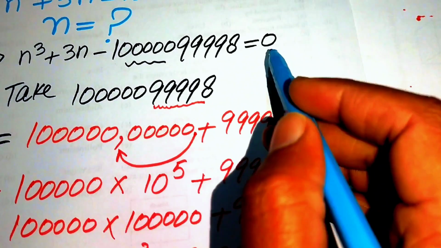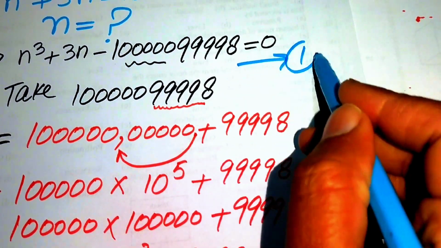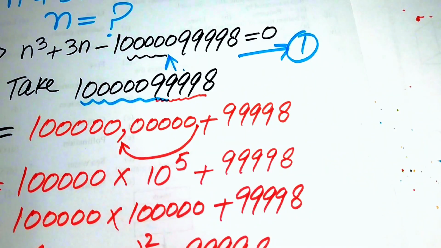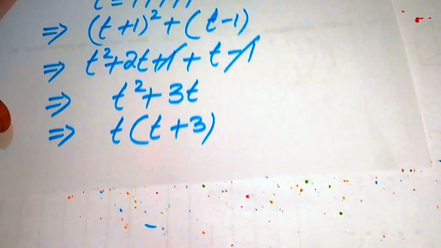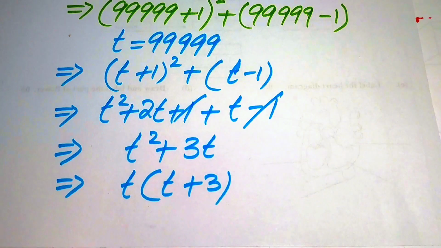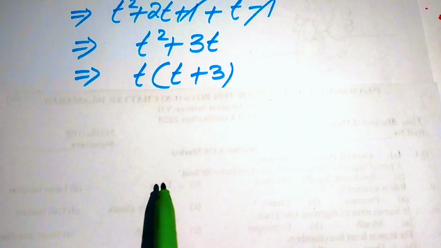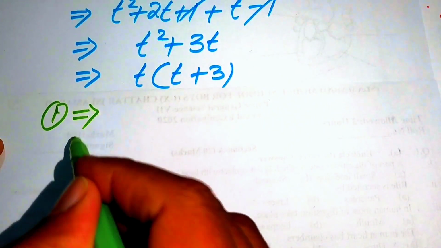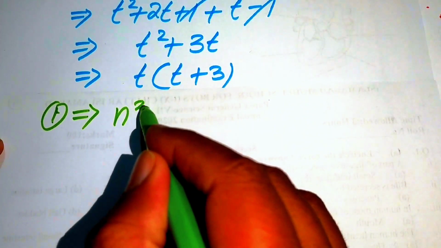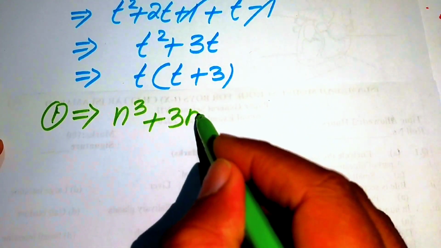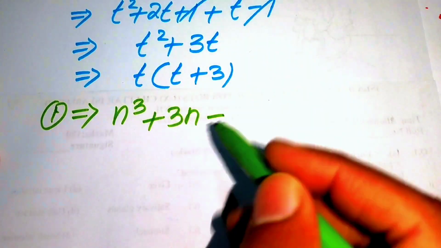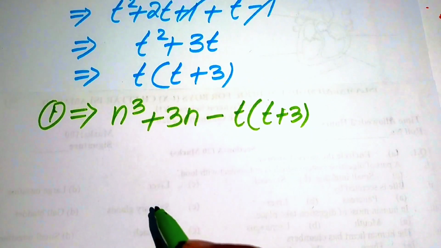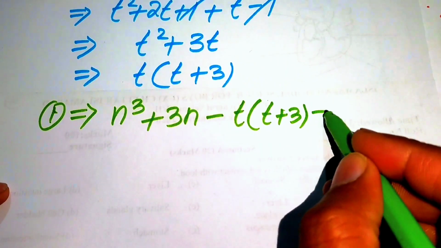We call this equation number 1, and substituting the value of this number, equation number 1 is written as n cubed plus 3n minus the 11 digit number equals t times of t plus 3, and this whole equals 0.